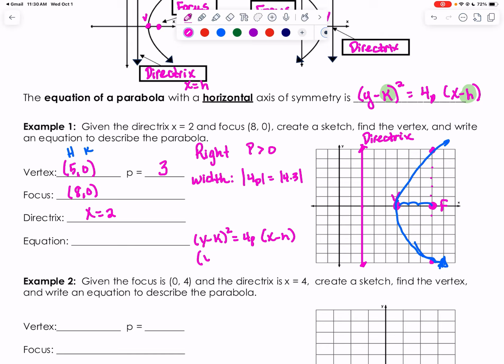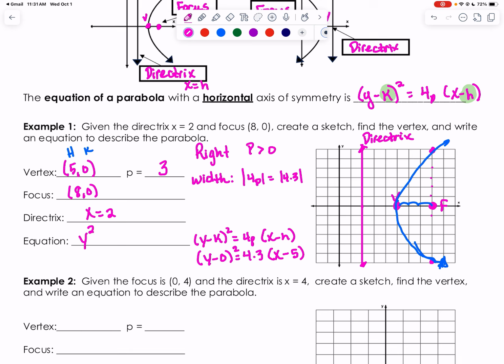So (y minus 0) squared equals 4 times p, which is 3, times (x minus h), which in this problem is 5. Now, let's simplify that a little bit before we put it on the answer line. So y minus 0 is just the same thing as y.